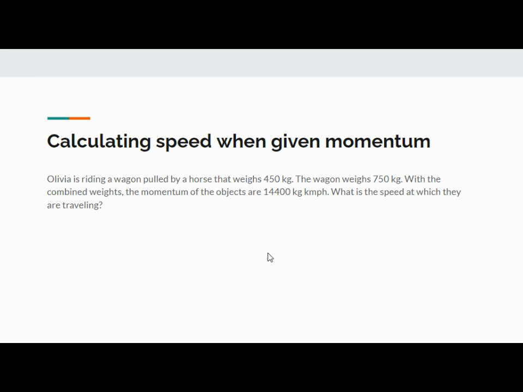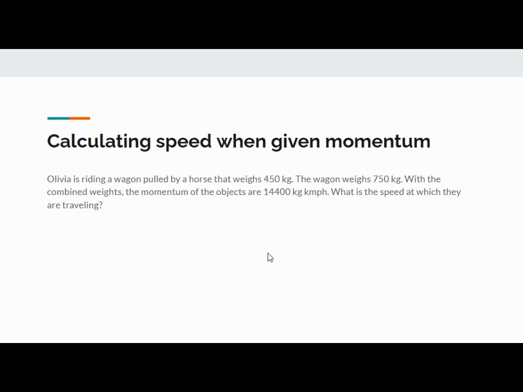Olivia is riding a wagon pulled by a horse. The horse weighs 450 kilograms. The wagon weighs 750. The momentum of the combination is 14,400 kilogram-kilometers per hour. So what is the speed that they're moving at? We take our momentum, put it on top, 14,400, divided by, we have to combine the two masses together.